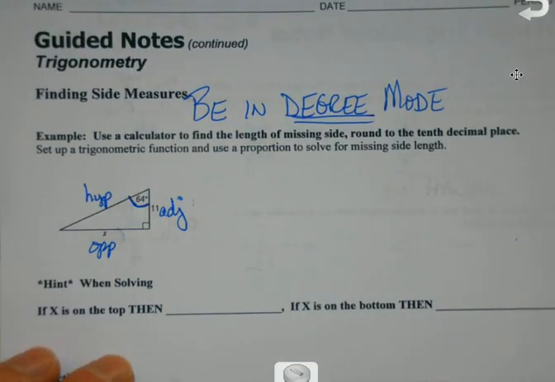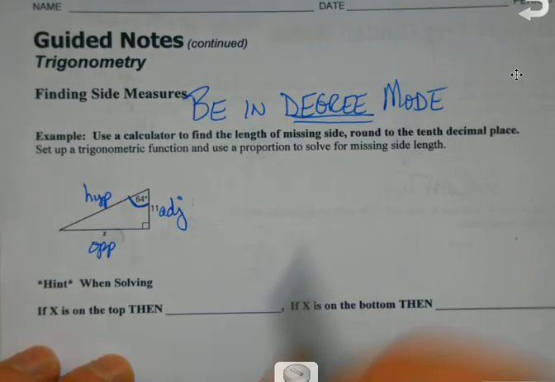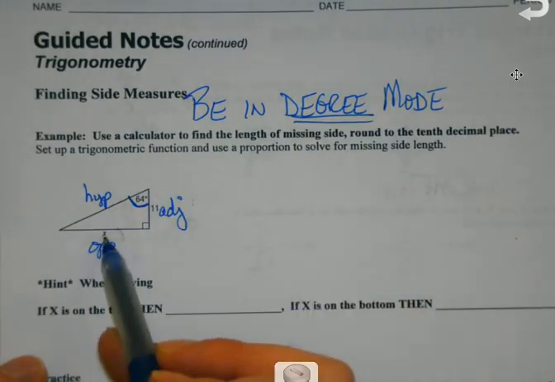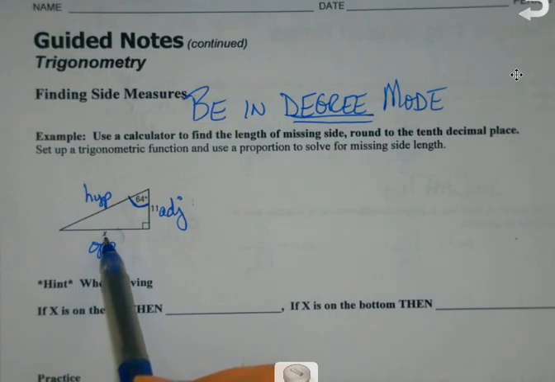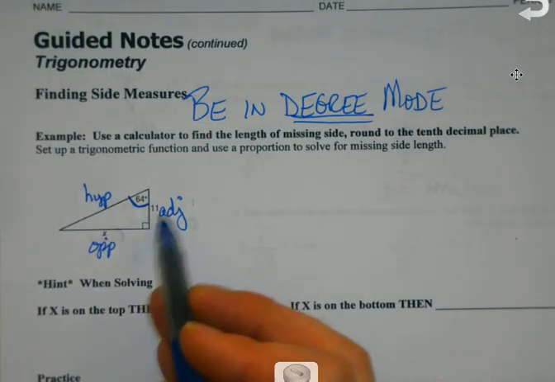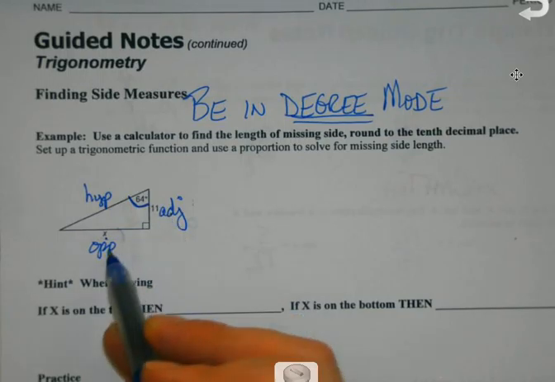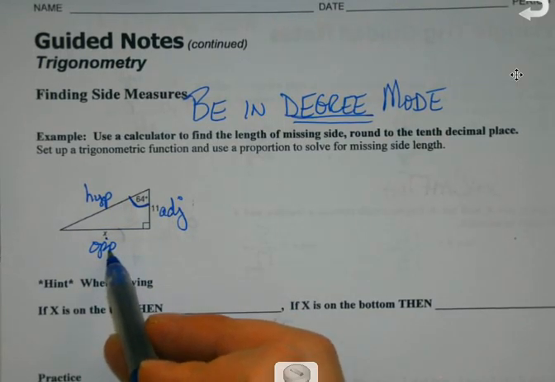So, what am I looking for? Well, let's see. Use a calculator to find the length of the missing side. Okay, so if this is my side, what numbers do I have? I have adjacent and I have opposite. Which trig function would that be using those two sides?